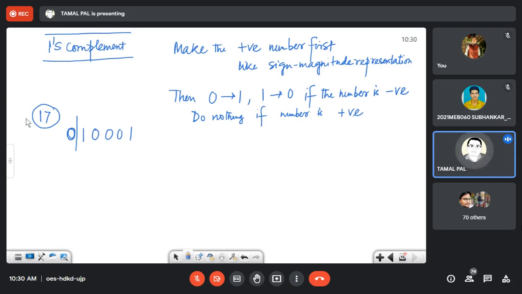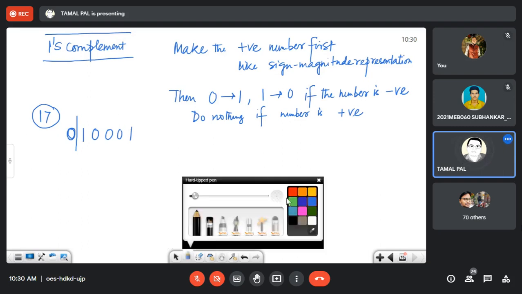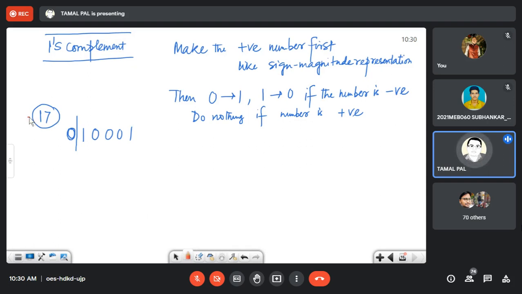So if it is plus 17, then we don't do anything. We'll write that 0 1 0 0 0 1. This is the one's complement representation of plus 17.